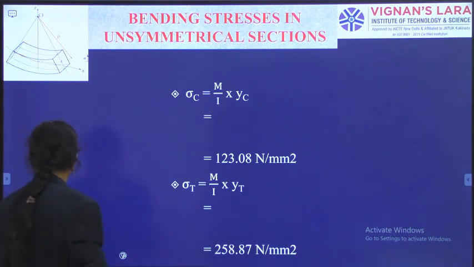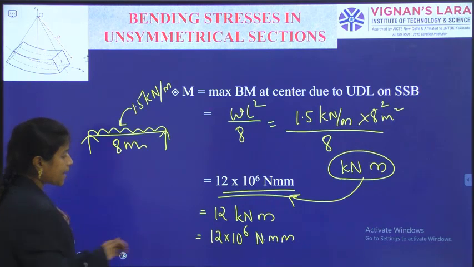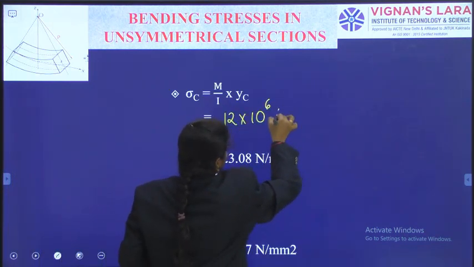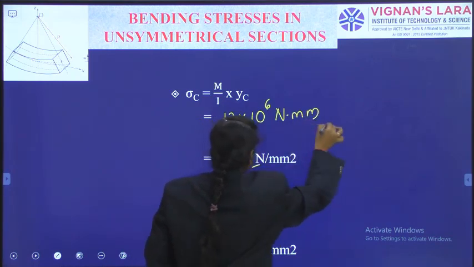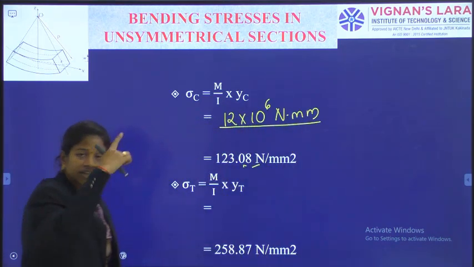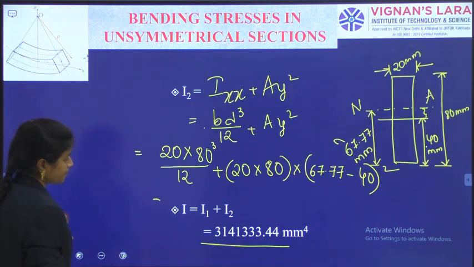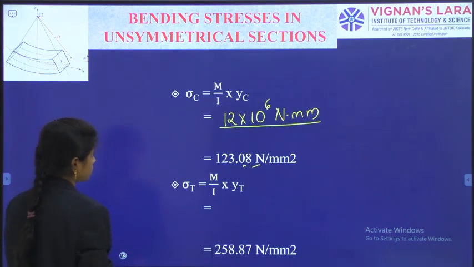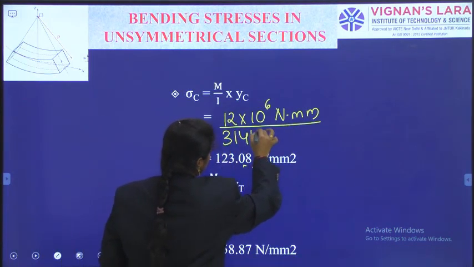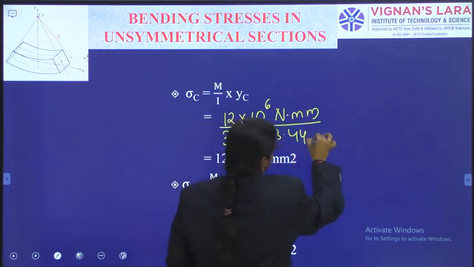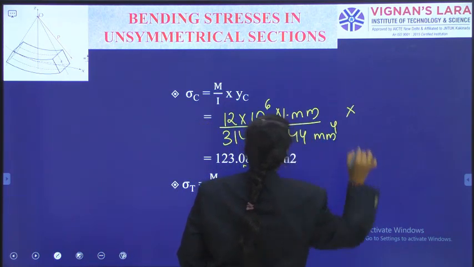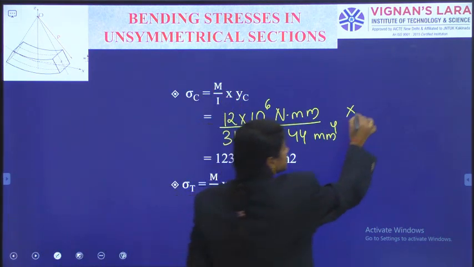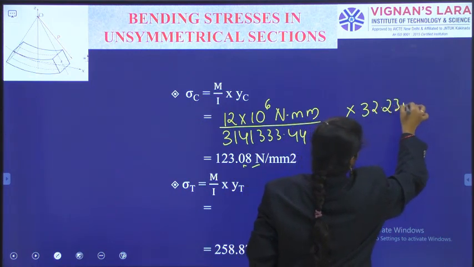Firstly, what is capital M we have got? 12 into 10 power of 6 Newton millimeter, divided by the moment of inertia of the whole T section about the neutral axis, which is 3141,333.44 mm power 4, into, as we said, the compression face. The compression face is at the top, that is 32.23 millimeters.